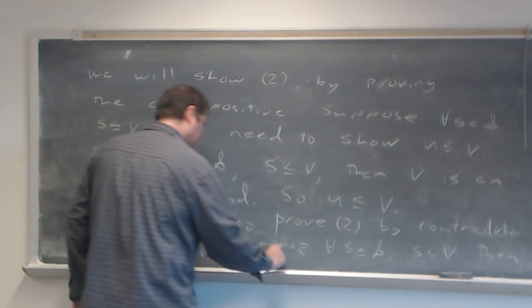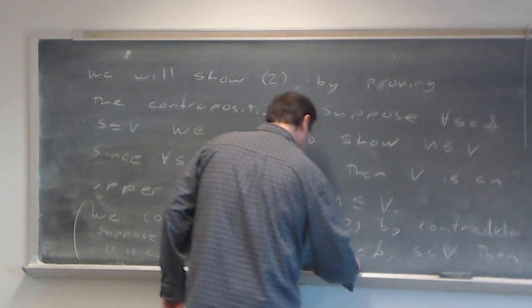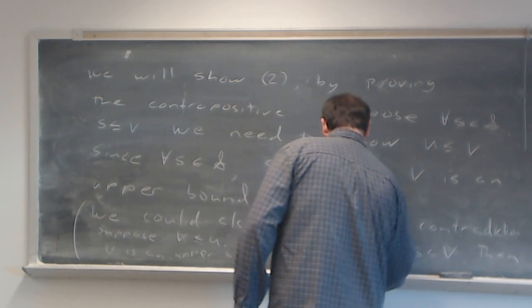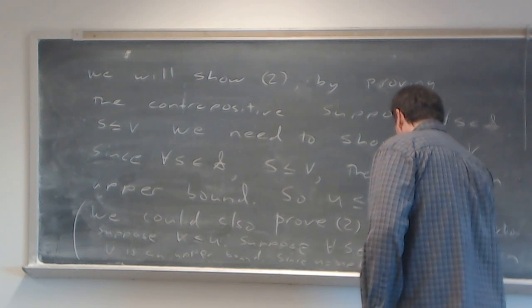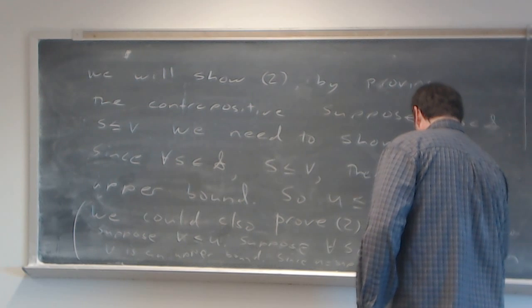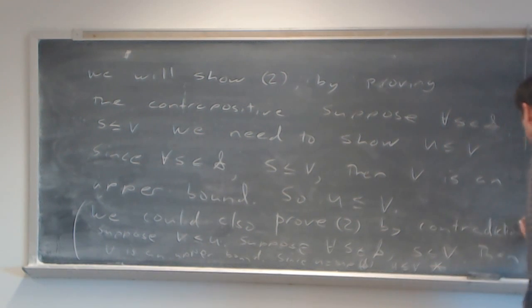Since U equals the sup of script S, then U would have to be less than or equal to V, and that contradicts the assumption that V is less than U. So same argument, essentially. Just a different framing of the statement. Anyway, we've got the forward direction.